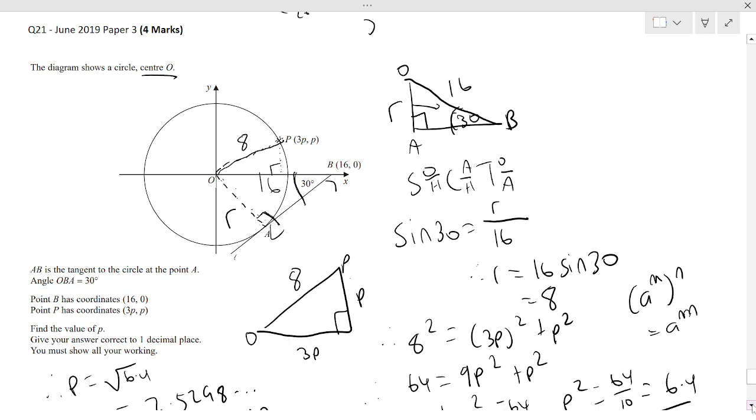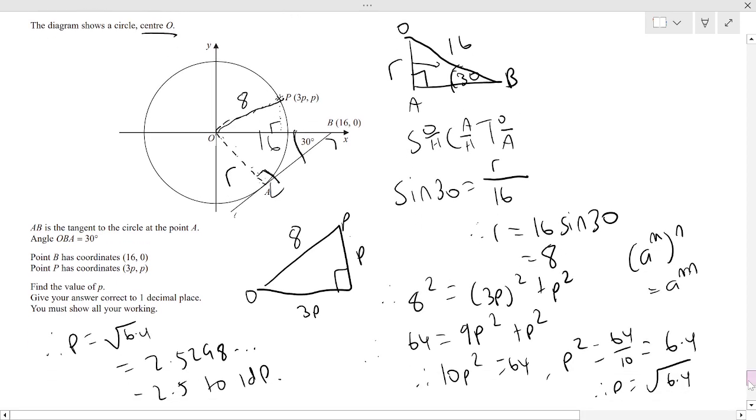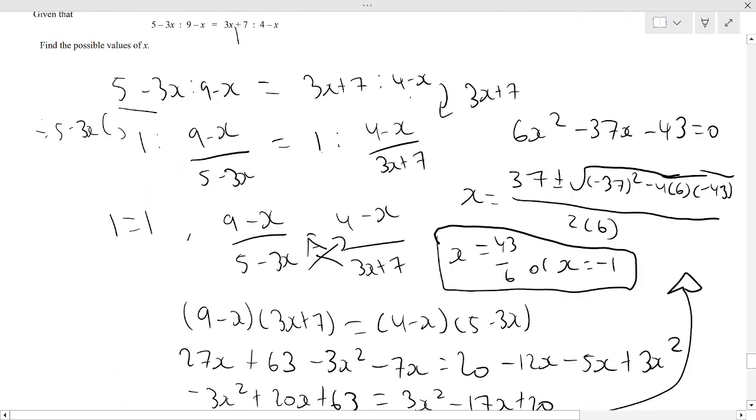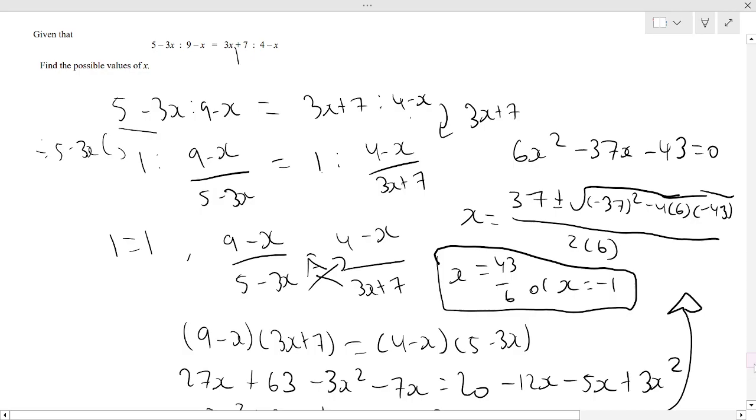2.5, cool. Right, I remember this one. It was my... I'll double check it though. Yeah, -1 or 43/6. Cool.